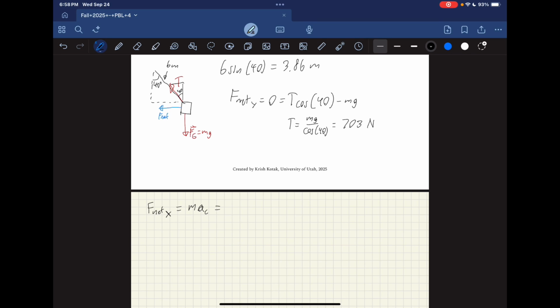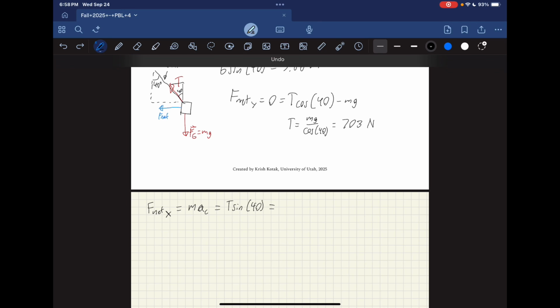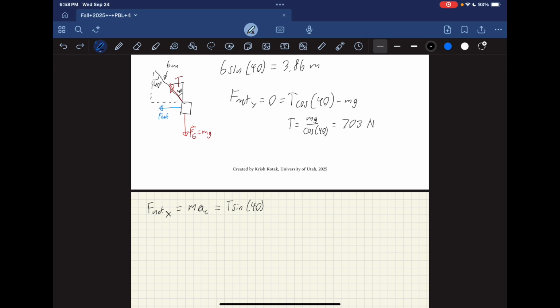And we know that in the x direction, the only component is T sine of 40. We already found T is 703 newtons. And so you can plug this in for the centripetal acceleration first. So T sine of 40, if we divide both sides by m, we'll get our centripetal acceleration.